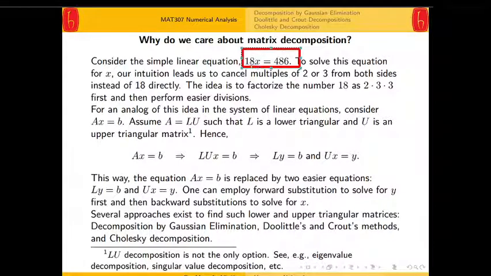Then we'll have 9x's here. So we continue dividing by 3 and then dividing by another 3. So this x will remain alone, and then we will simply obtain x this way.